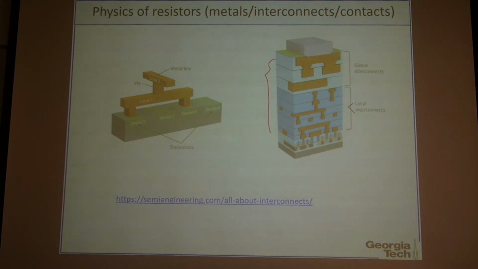And then the upper ones, which are larger, are called the global interconnect. This is to connect, let's say, two circuit modules which may be far away from each other. Then you need the top global interconnect for the communication. So then you have this kind of interconnect. So any questions?